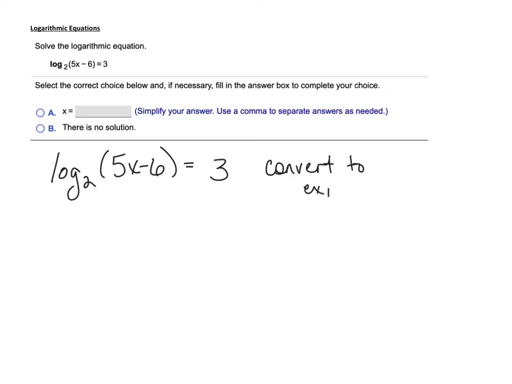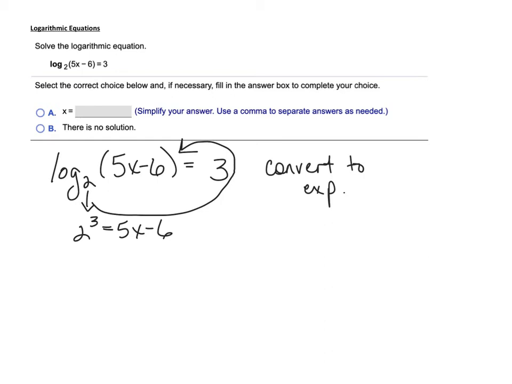Remember how we do this. We start with the base, which is the 2. Then we go counterclockwise. 2 to the 3 equals 5x minus 6. So that's how we convert, just counterclockwise, starting with the base.